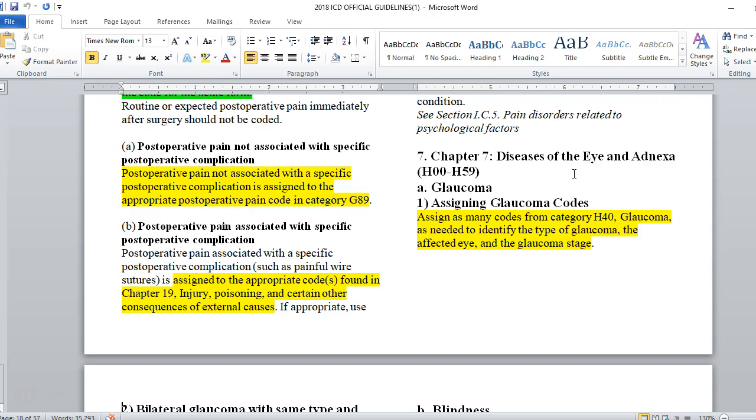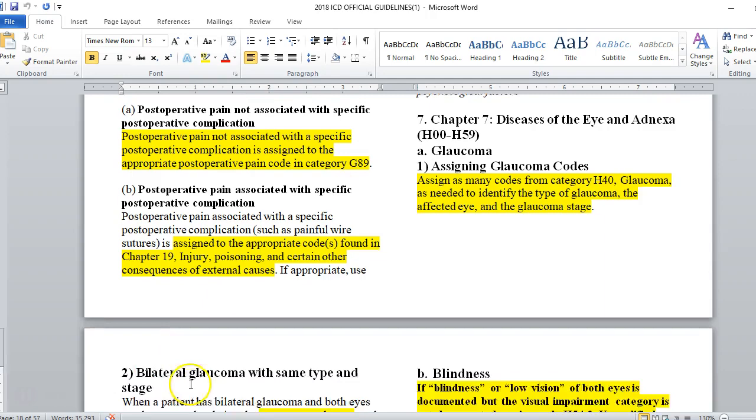Because when we know that, we know whether or not we need one code to describe a bilateral glaucoma, which is the same type, same stage in both eyes, or do we need two different codes because the glaucomas are different stages or different types. So it tells us, assign as many codes from category H40 glaucoma as needed to identify the type of glaucoma, the affected eye, and the glaucoma stage.